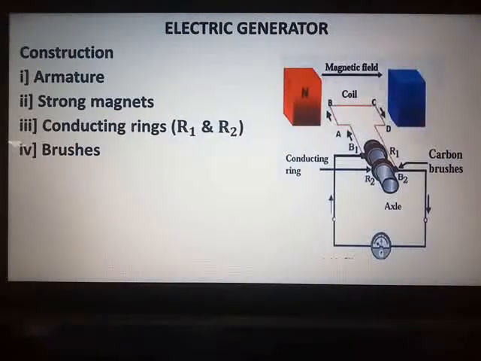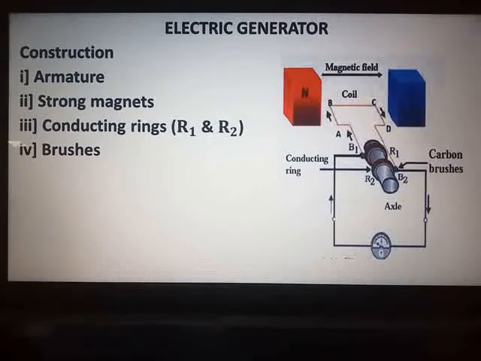In the beginning, in the principle of the electric generator, I told you that the magnetic field induces a current in the coil. Which magnetic field? The magnetic field in which the coil of the generator rotates. Now the direction of the induced current is determined by Fleming's right hand rule.